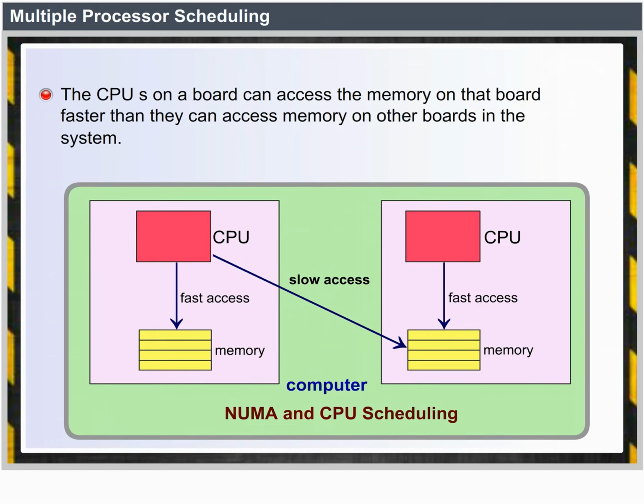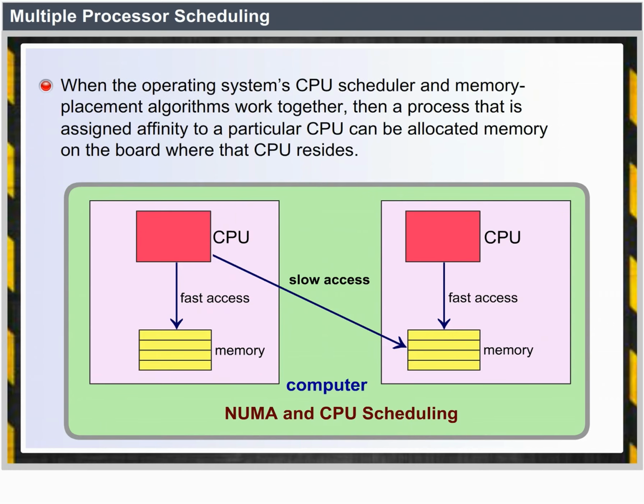The CPUs on a board can access the memory on that board faster than they can access memory on other boards in the system. If the operating system's CPU scheduler and memory placement algorithms work together, then a process that is assigned affinity to a particular CPU can be allocated memory on the board where the CPU resides.